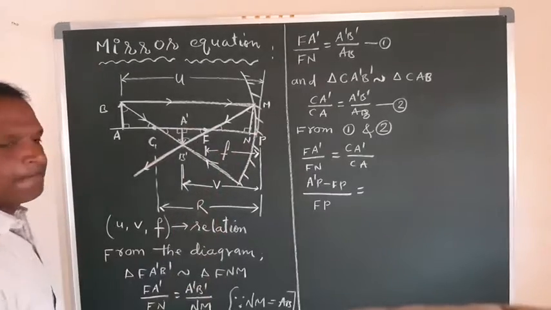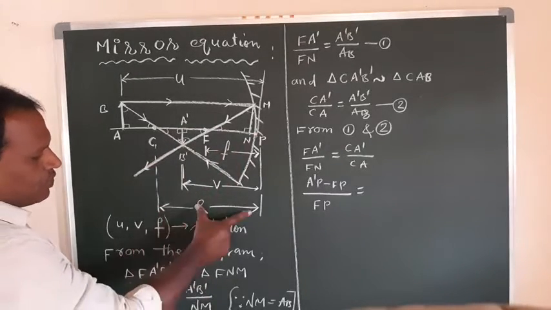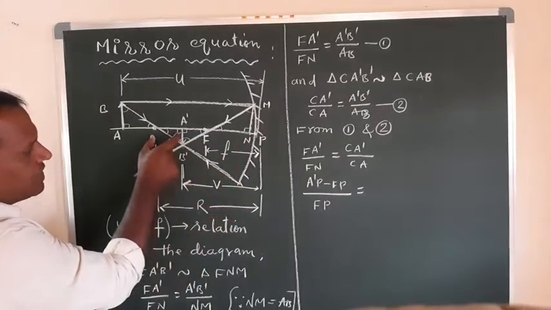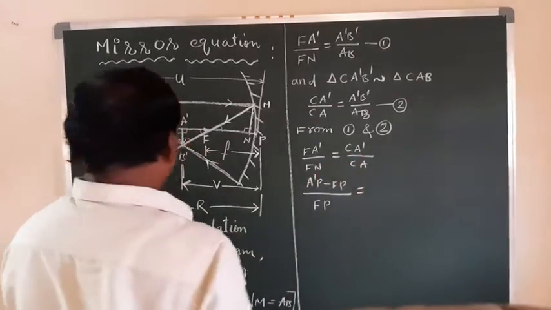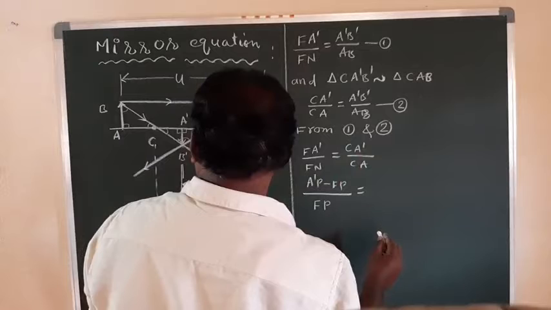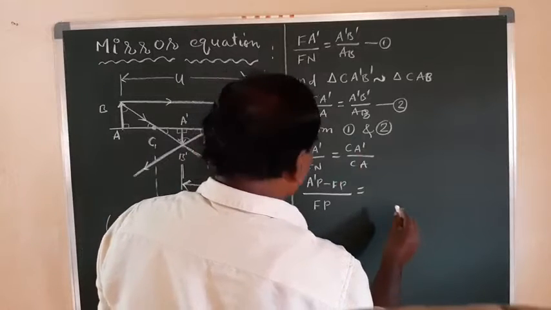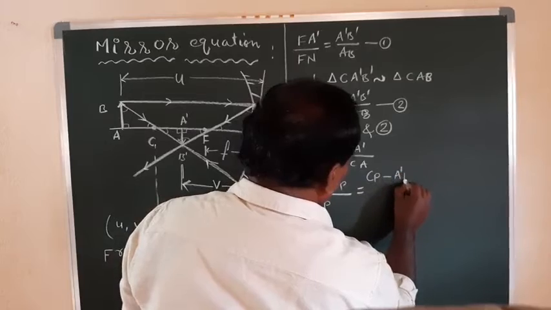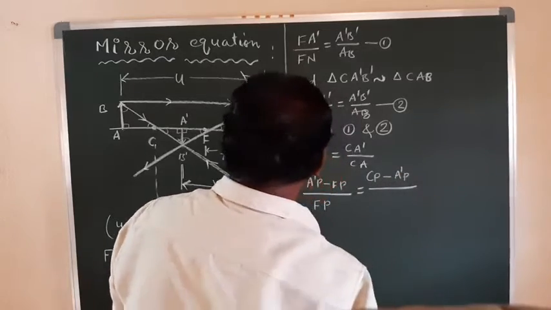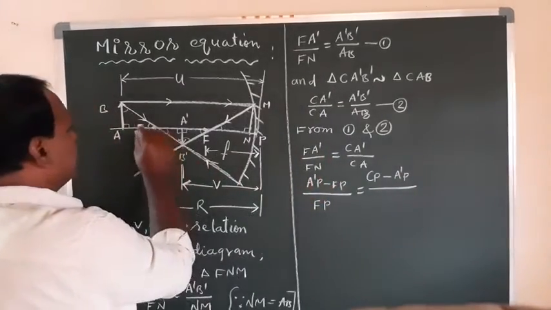Right? So from this total distance, if you subtract this, you will get this one, that is CA'. So in place of CA', I can write CP minus A'P, it is CP minus A'P upon CA.